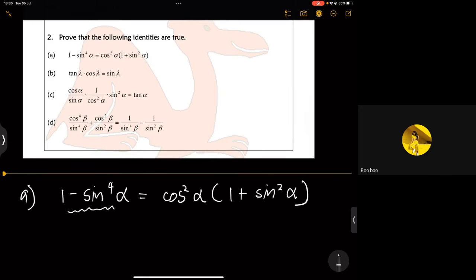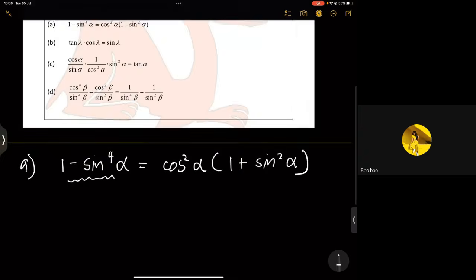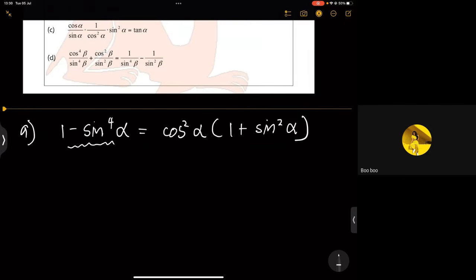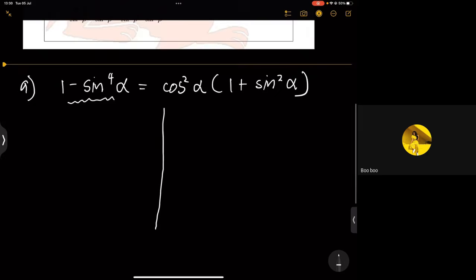What we're simply going to do is try and work on both sides. We're trying to prove left-hand side equal to right-hand side. Okay, let's draw a line there and see how we can get them to be the same. Hey, my line is not that good. Let's try. There we go.